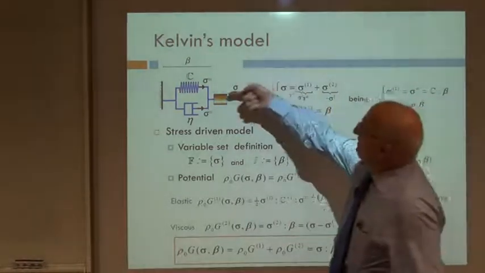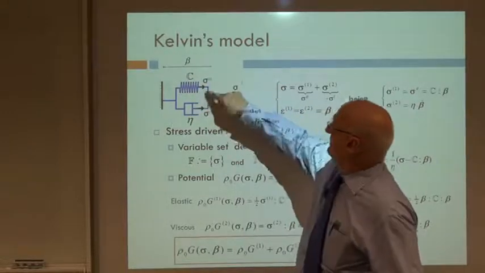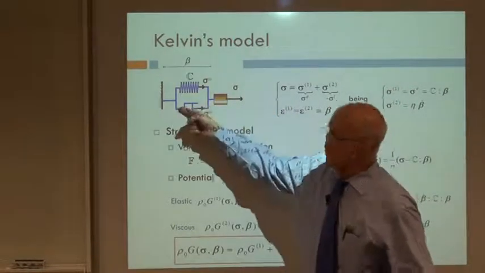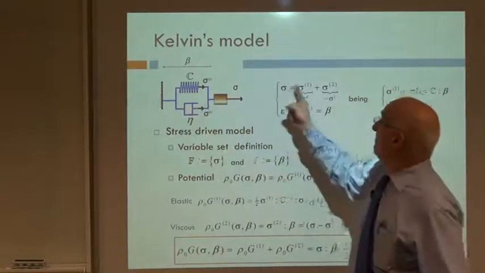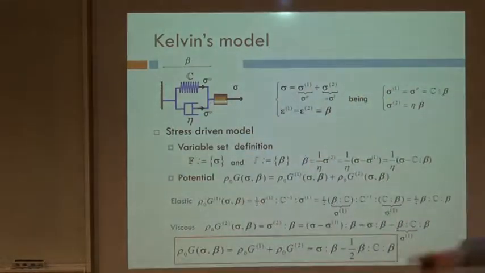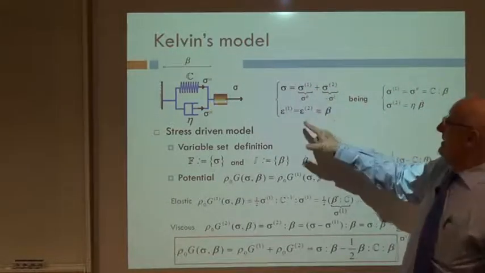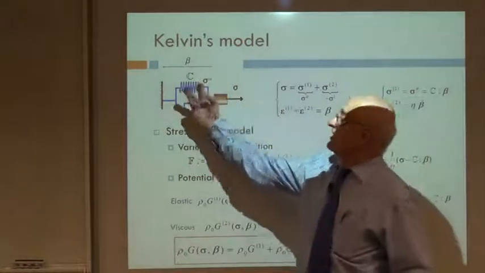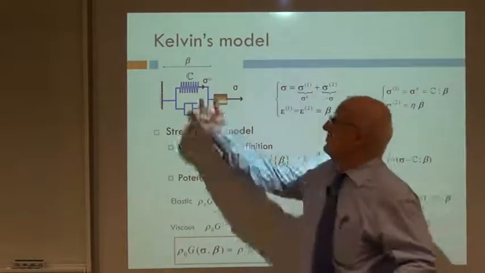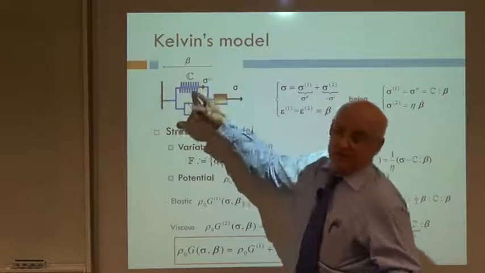So, look, we apply a stress, and this stress arrives and is split into two parts. We can consider that the stress is the sum of the stress that goes through the dashpot plus the stress that goes through the elastic model. So I can say that sigma equals sigma 1 plus sigma 2. Okay? By the way, sigma 1 is the stress in the elastic model, so I call this stress elastic because it's going to be related to the strain in an elastic manner.